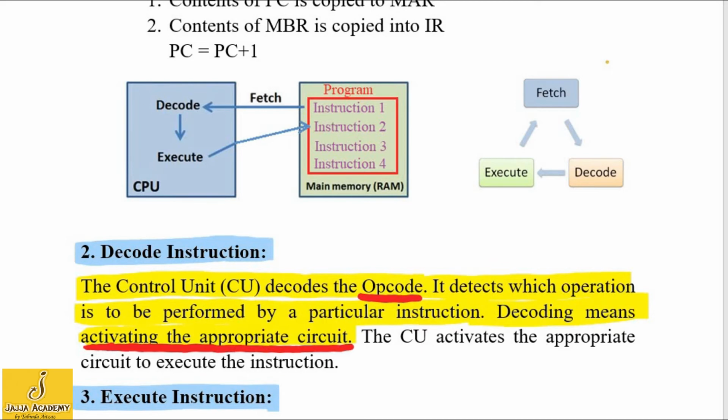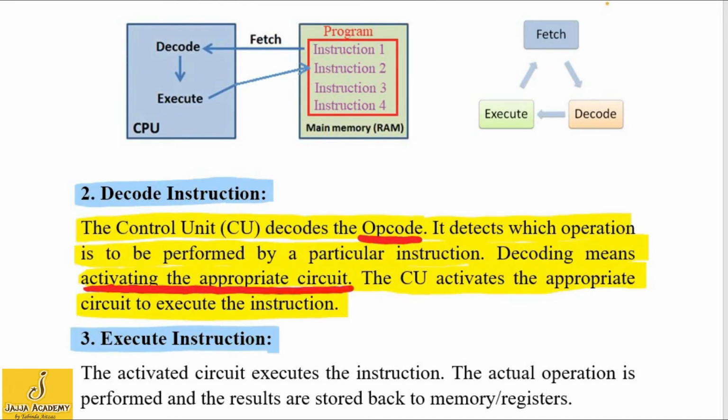And if an instruction contains an opcode for a logical operation, then in decode instruction, the control unit will activate the logic unit of the CPU. Therefore, in the second step, which is decode instruction, the appropriate circuit is activated according to the operation code given in the instruction. So the control unit activates the appropriate circuit to execute the instruction.